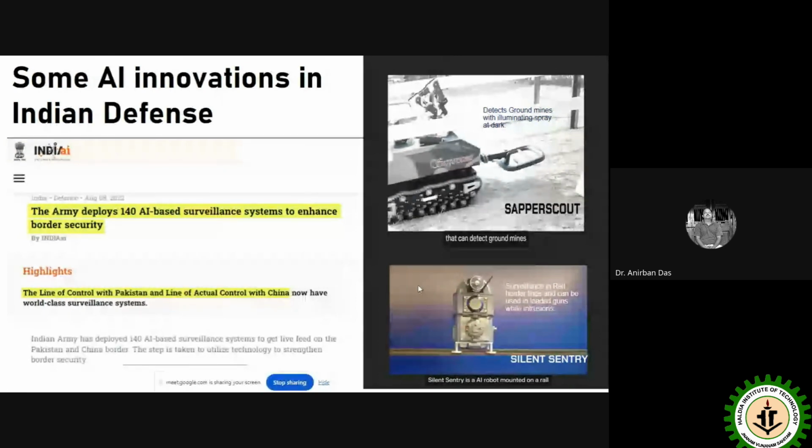Safer Scout is mainly for detecting ground mines, and through some illuminating spray we can check whether mines are present in a particular land or not. The army deploys 140 AI-based surveillance systems to enhance broader security. So this is basically the idea of defense, what the innovations of defense are, what is currently going on.